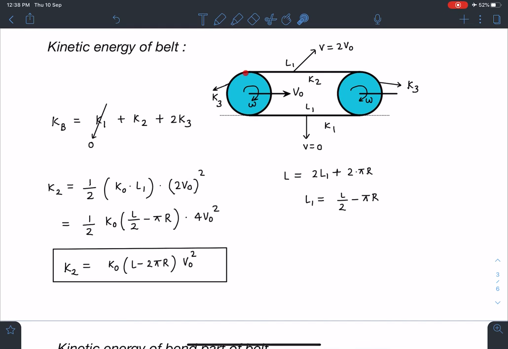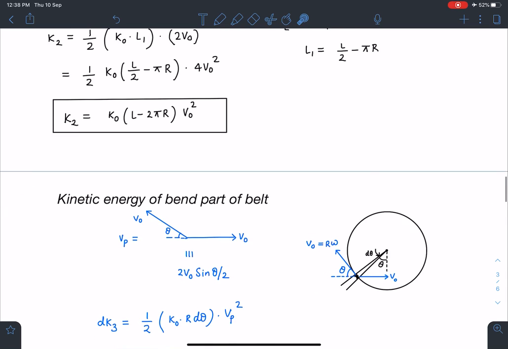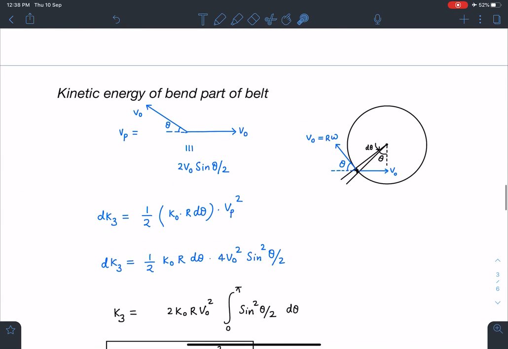Now the kinetic energy of the bend part I'm going to calculate. If you observe each particle on this belt, I'm taking a general particle here at an angle of theta, present at this general d theta.